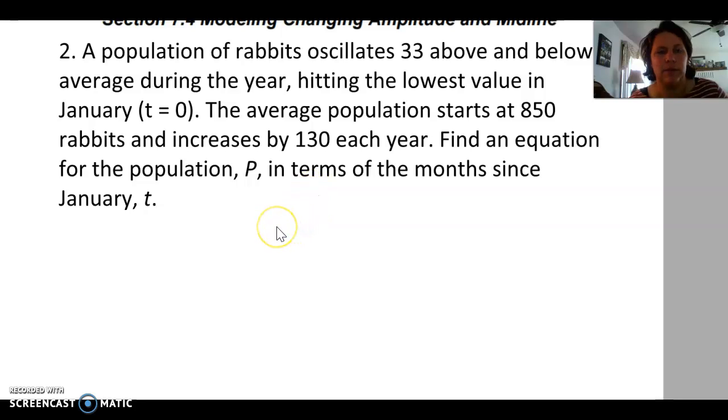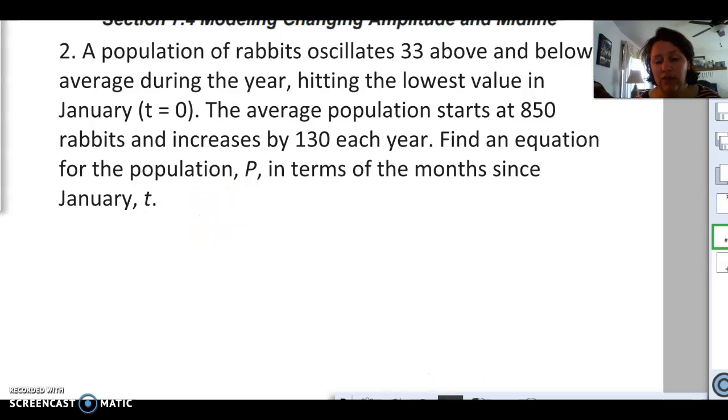All right, and example number 2. We have a population of rabbits that oscillates 33 above and below average during the year, hitting the lowest value in January where t equals 0. So notice this so far sounds just like our other rabbit population equations that we have done.